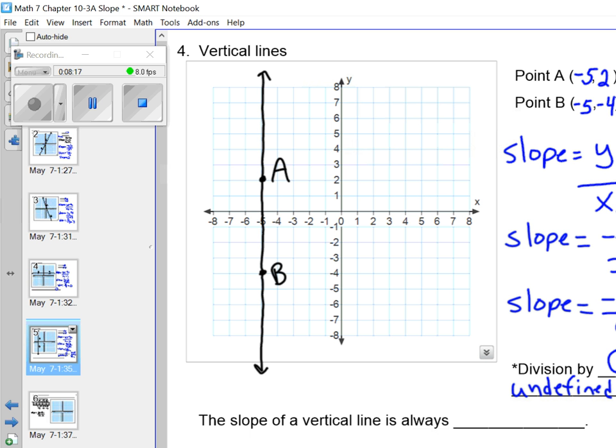We cannot divide by 0. You just can't do it. And in fact, the slope of any vertical line, no matter where it is on the quadrant grid, is always going to be called undefined. To be honest with you, division by 0 is considered an undefined operation. We absolutely cannot do it.